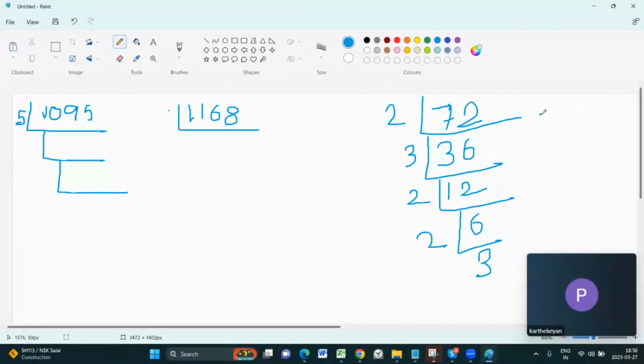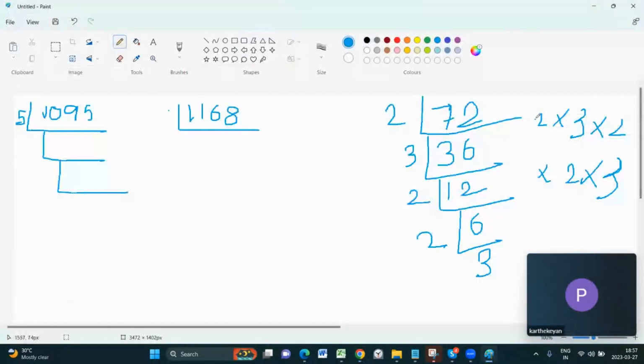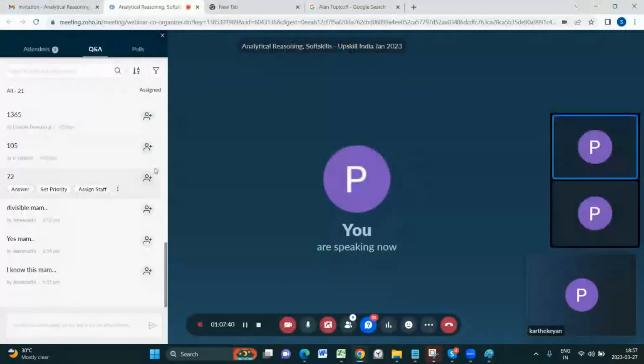So 2 into 3 into 2 into 2 into 3. I want the factors of this kind.